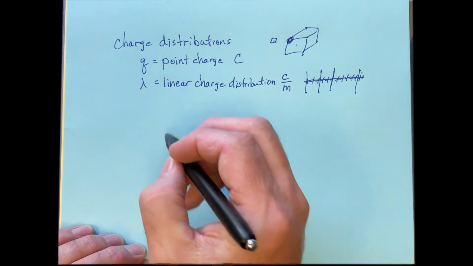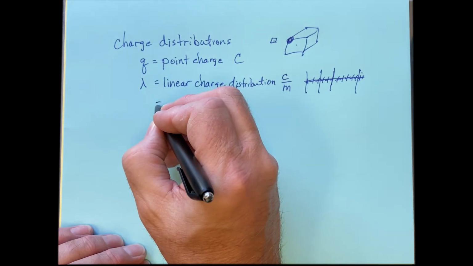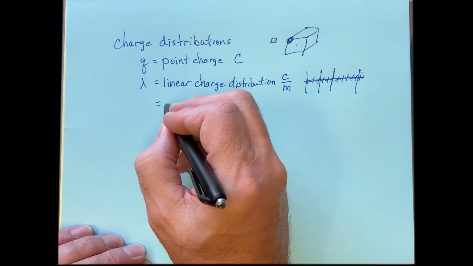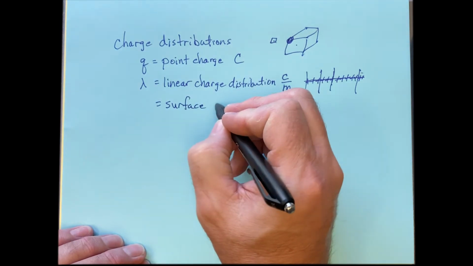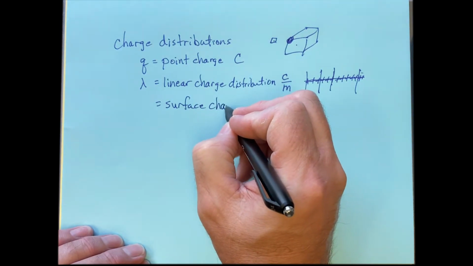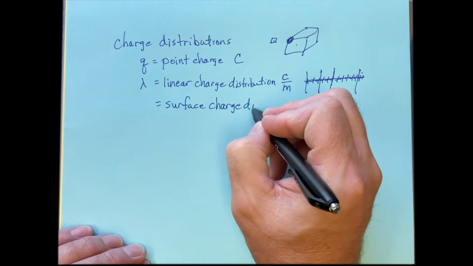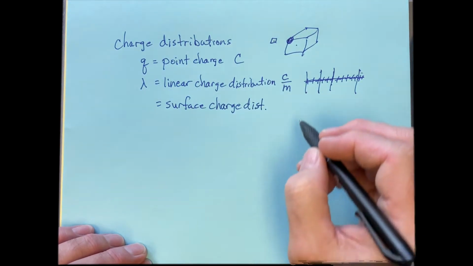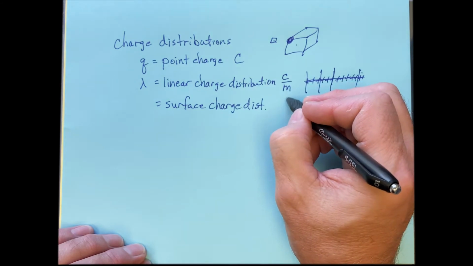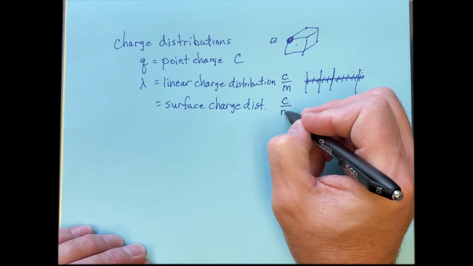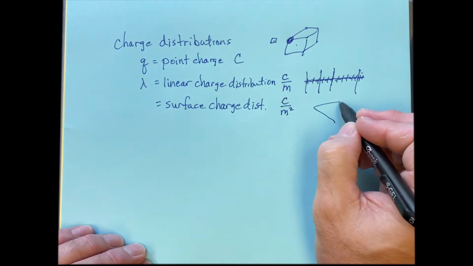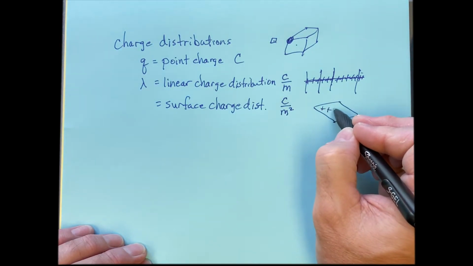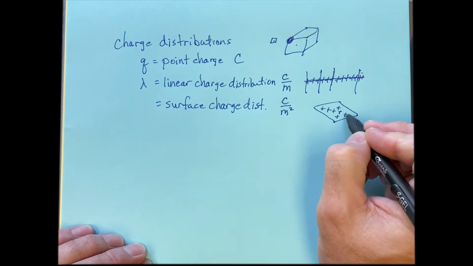Now, you can expand that idea to not just a line, but also a surface. So we could have a surface charge density or charge distribution. What would that unit look like? That's going to be coulombs per area, or square meter. So you're talking about a surface area, and maybe you have a bunch of positive charges on that surface.